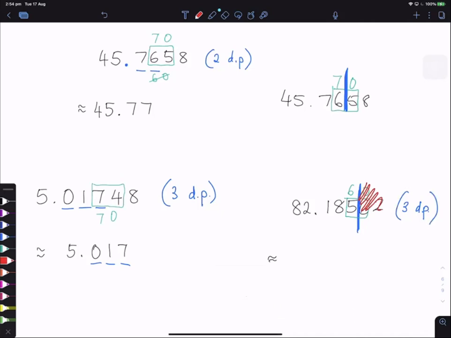How many decimal places do you see here? 3. Yeah, 1, 2, 3. That's the main purpose of these questions, to correct the amount of decimal places that I asked for. So our answer will be 82.186. That's it. Correct. You see there?